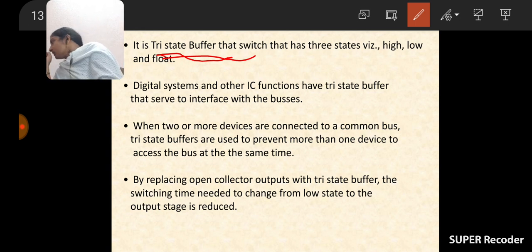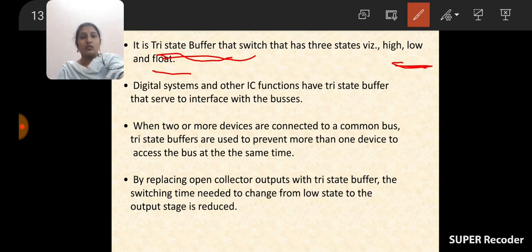One is low, another is high, and one more is the floating state. In a tri-state buffer there are 3 states: high, low, floating.